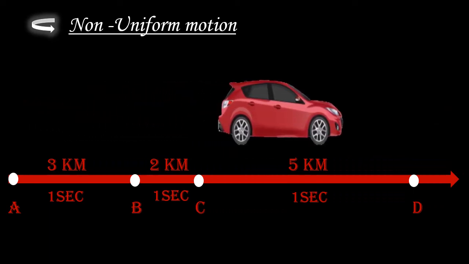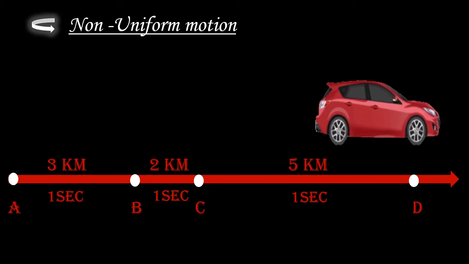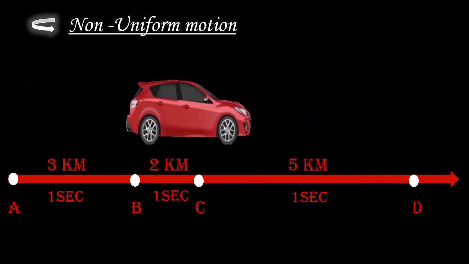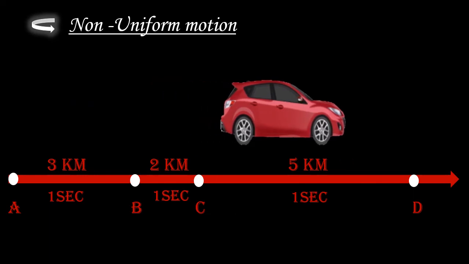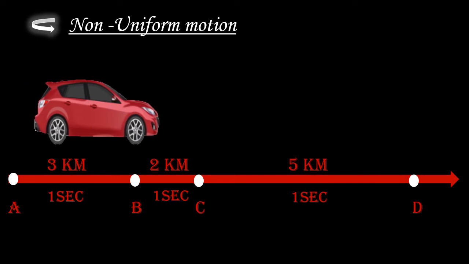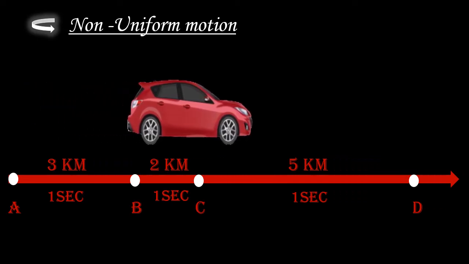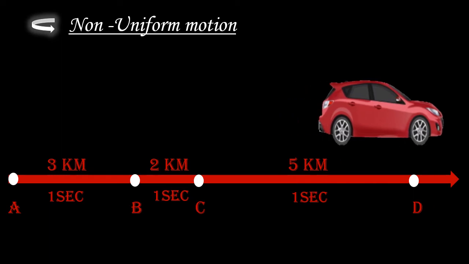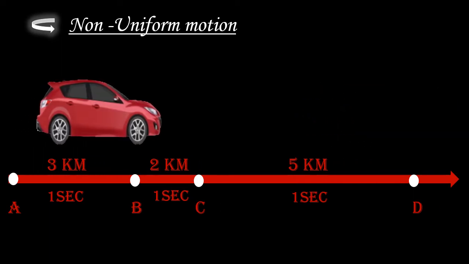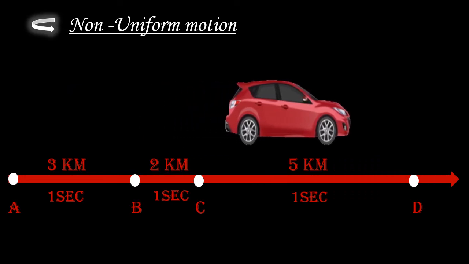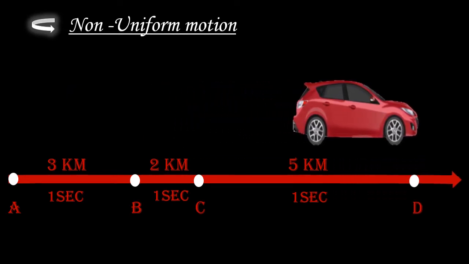Then suppose the car covers a distance from B to C, let it be 2 kilometers in the next second, and the distance C to D, suppose 5 kilometers in the next second. So here in this example we can see that the car is covering unequal distances in equal intervals of time.